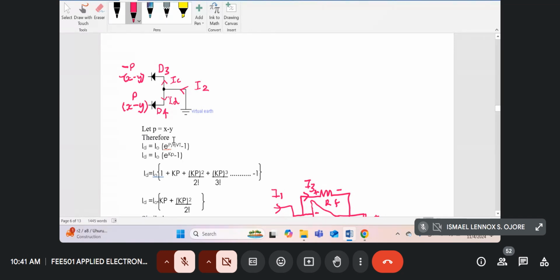Therefore, let the current through diode D3 be IC, and the current through diode D4 be ID. In diodes D3 and D4, the current can only flow from the right-hand side to the left-hand side.